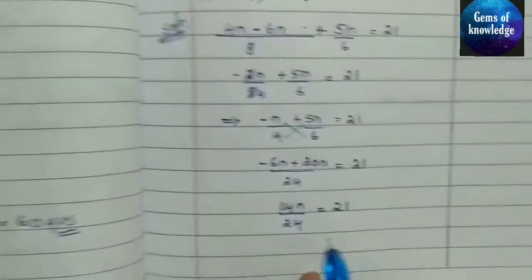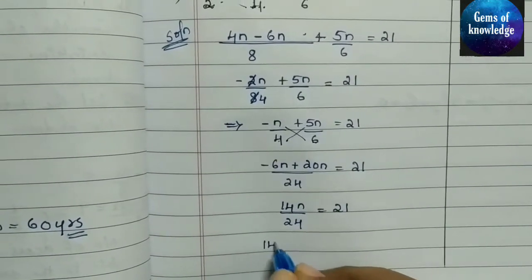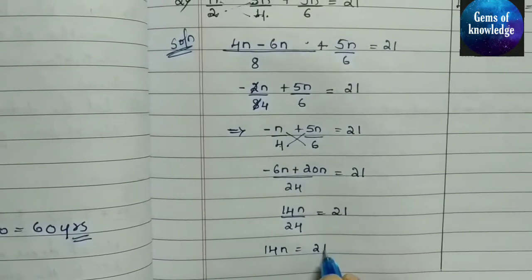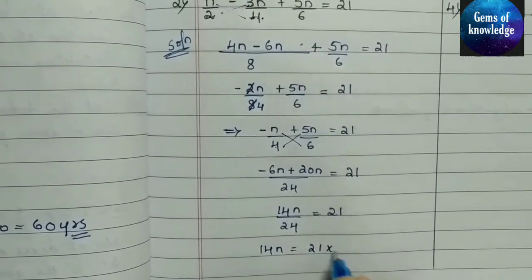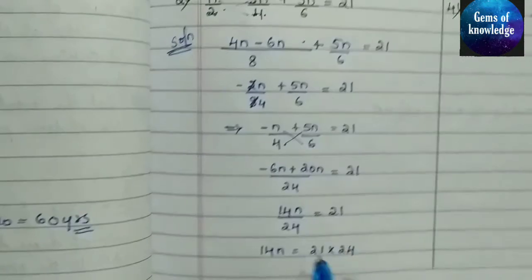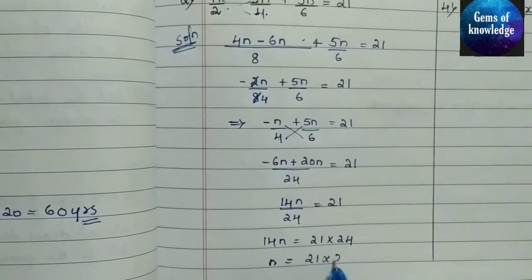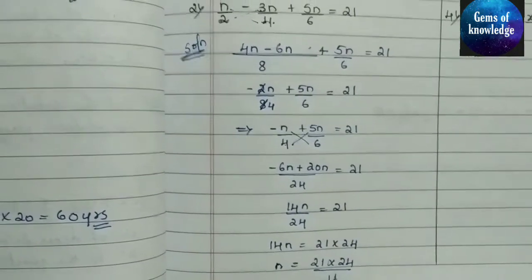So we will bring this 24 to this side. So it will become 14n equals 21 into 24. Now let us move this 14 to this side. So we will get n equals 21 into 24 divided by 14.